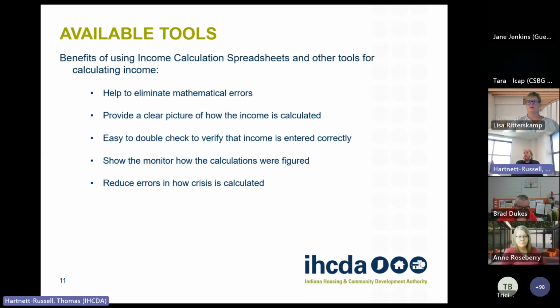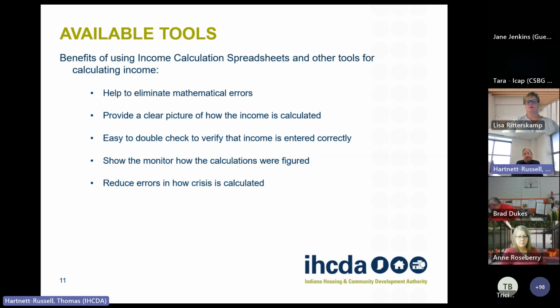So the benefits of using the income calculation spreadsheets and other tools for calculating income are that they help to eliminate mathematical errors. They provide a clear picture of how the income is calculated. They make it easy to double check to verify that the income is being entered correctly into the database.